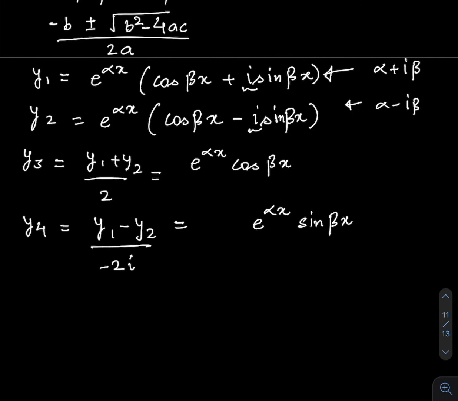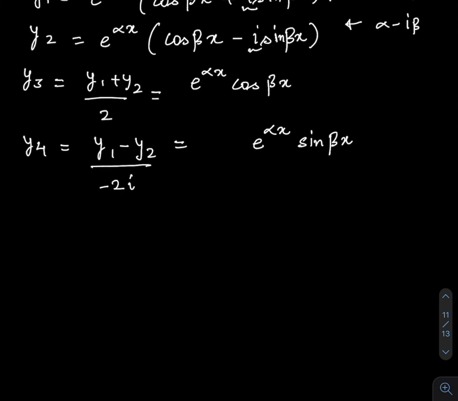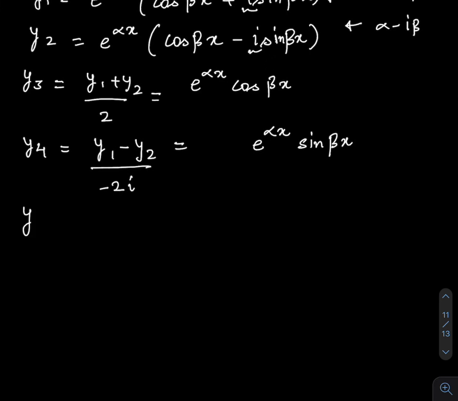Now y3 and y4 are linear combinations of y1 and y2, so y3 and y4 are also solutions. Moreover, y3 and y4 are linearly independent, right? So we have three points over here. First, y3 and y4 are solutions because they are linear combinations of y1 and y2.